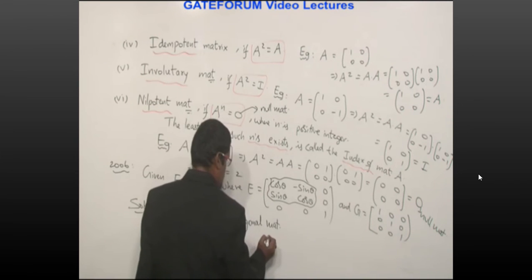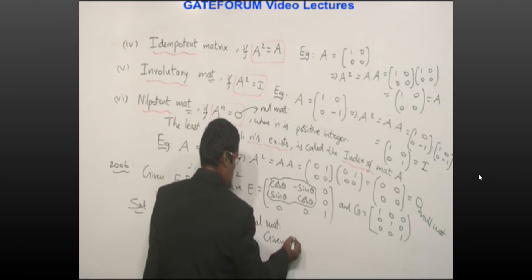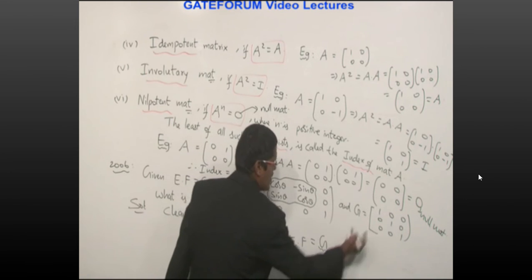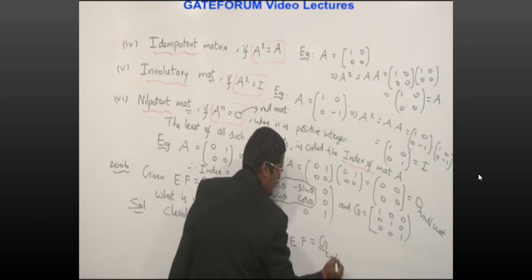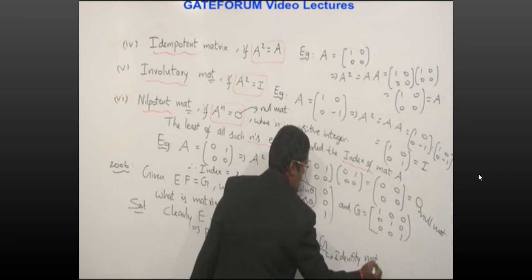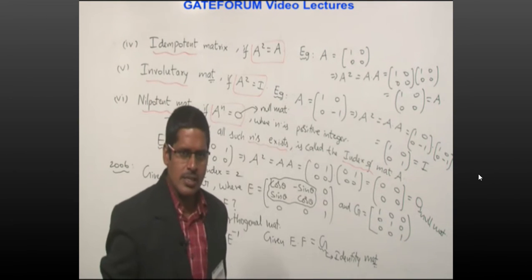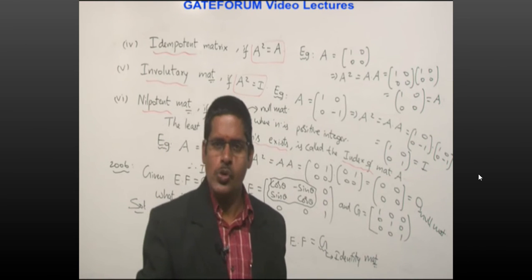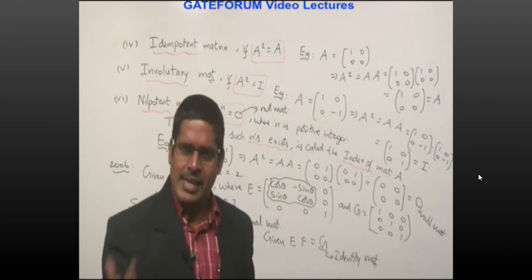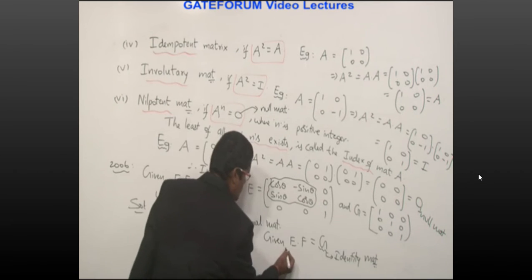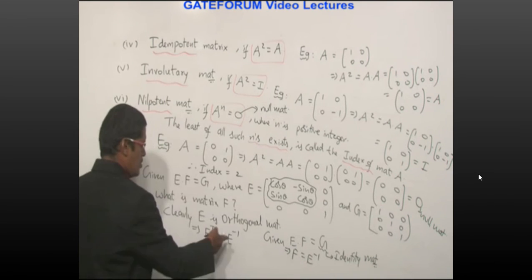Now, given E into F is equal to G, this G is clearly the 3 by 3 identity matrix. Yesterday, I gave some relations, 1 mark statements in 5th formula. A into B is equal to I is equal to B into A. Product of 2 matrices in whatever manner is equal to the identity matrix, one is called the inverse of the other. So, this means F is equal to E inverse. So, use this here.